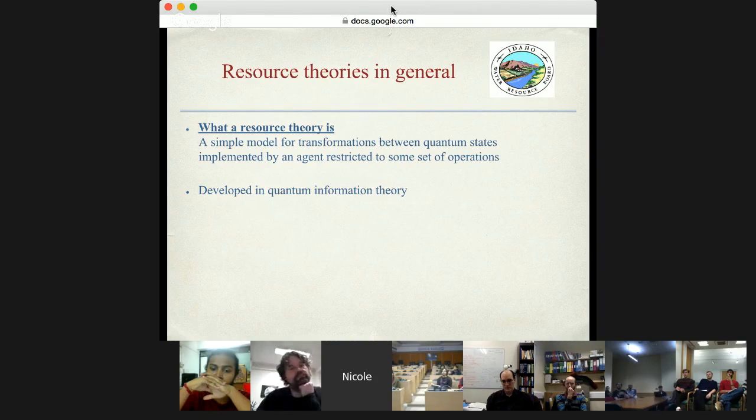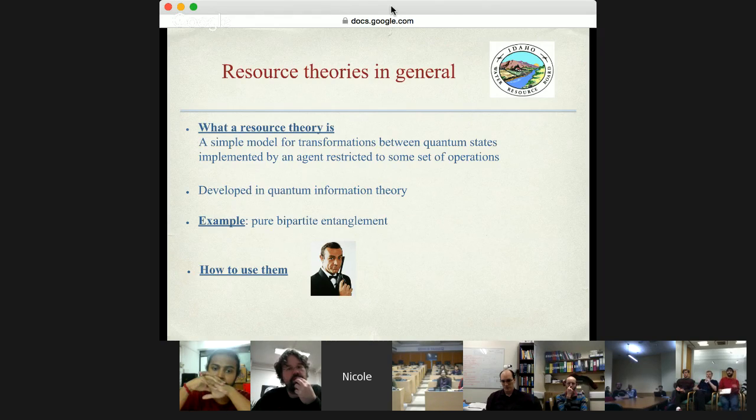Resource theory is a model for scarcity and what transformations can be implemented by an agent who has only certain skills and certain tools. The most famous resource theory is the resource theory of pure bipartite entanglement, which is a rather long name, so I will call it entanglement theory for short. What do we do when we use a resource theory?